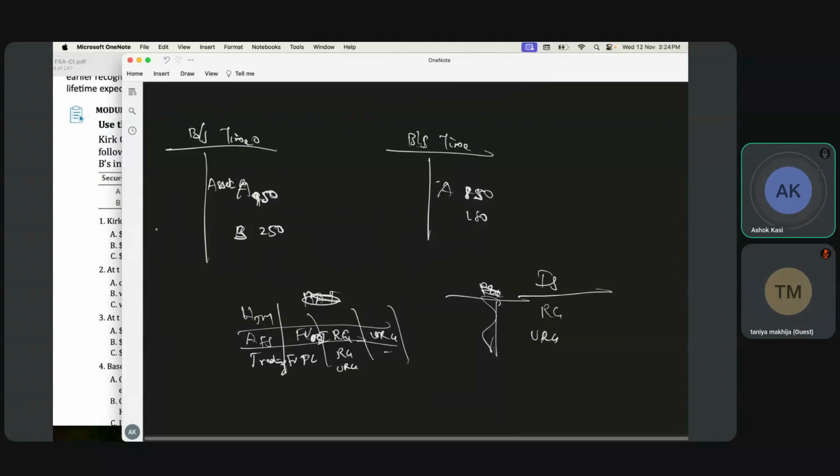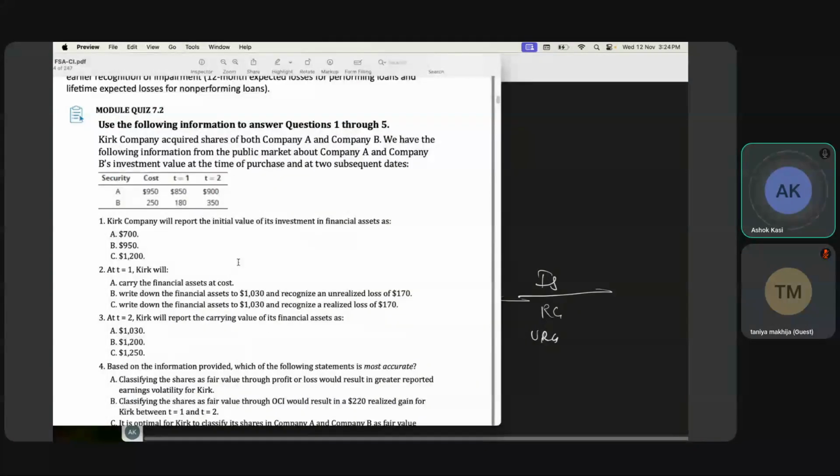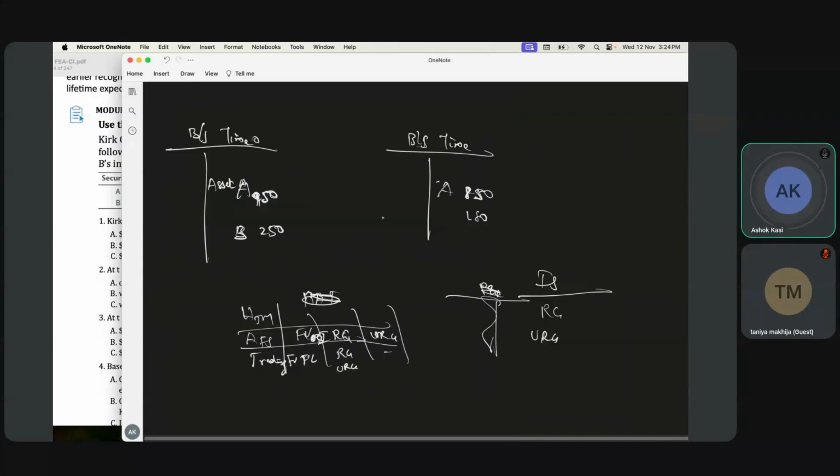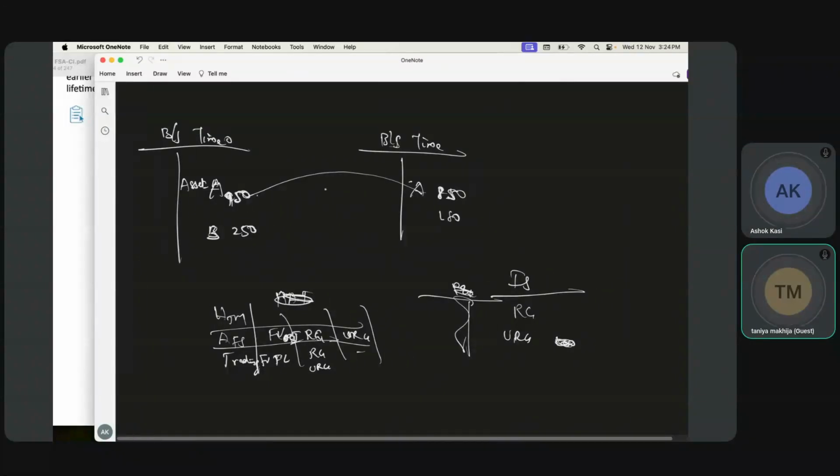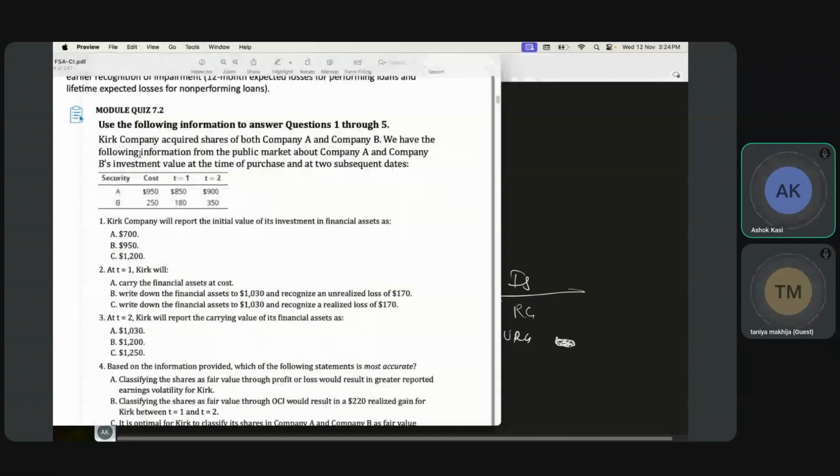Unrealized gain, or unrealized losses here. So how much is this? This is 100, realized, right? No, no, no. Because these are shares, not bonds.